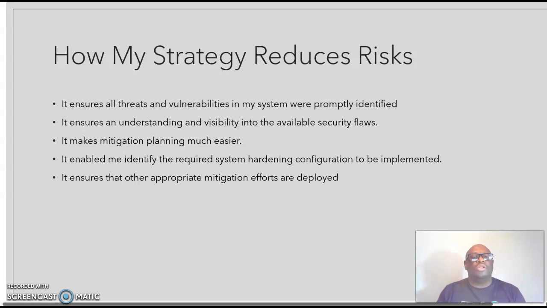It also makes mitigation planning much easier. It enables me to identify the required system hardening configuration to be implemented, and it ensures that all the appropriate mitigation efforts are deployed.